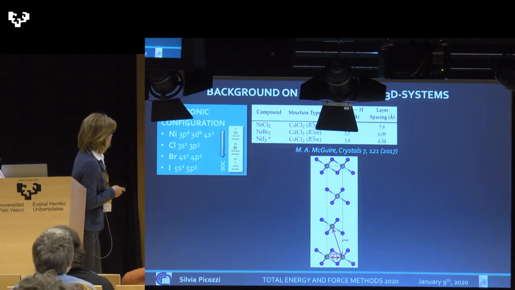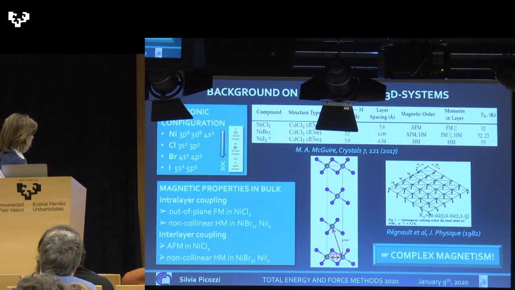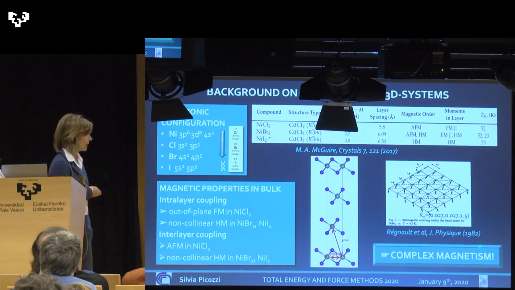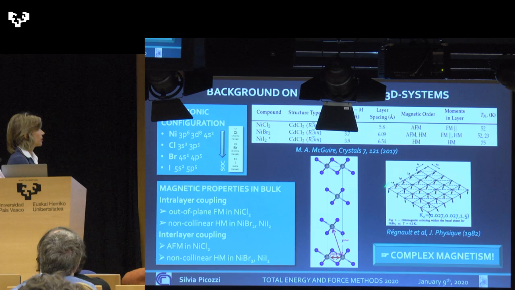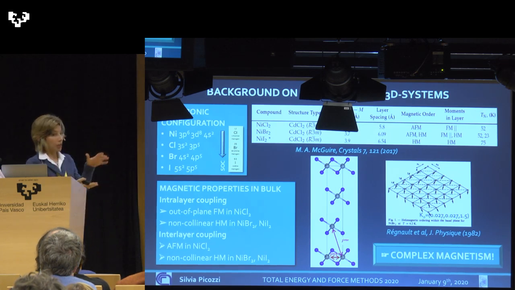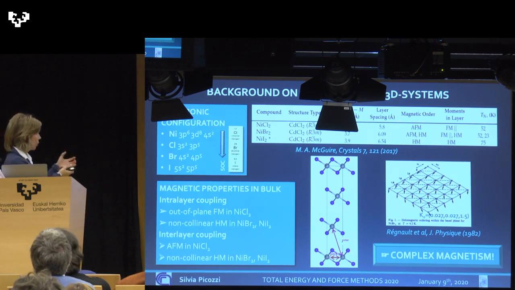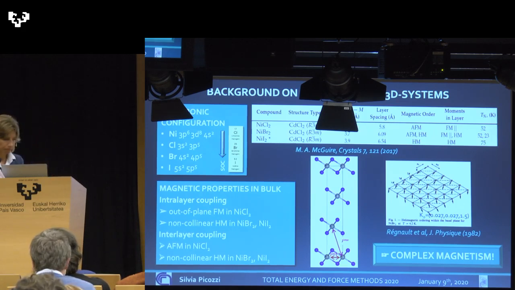If you go back to the literature, not much is known, but something quite interesting is. These were explored back in the 80s, and some of them show very exotic magnetism in the bulk. So we thought, what happens if we exfoliate a monolayer and look at the ordering of these nickel halides at the monolayer limit?